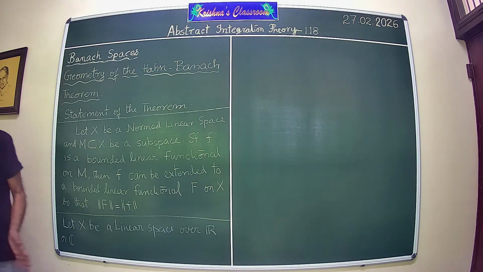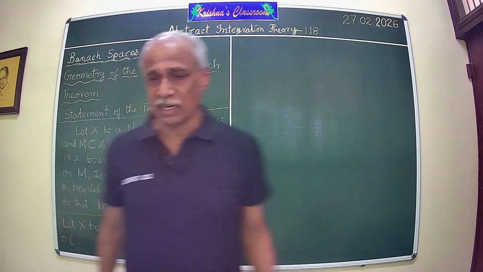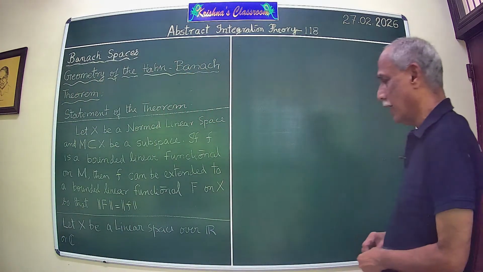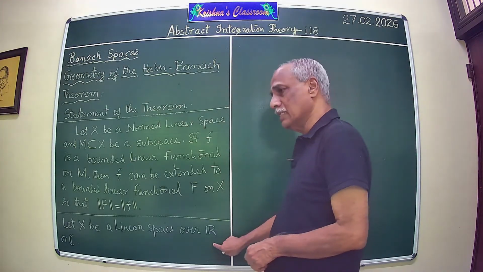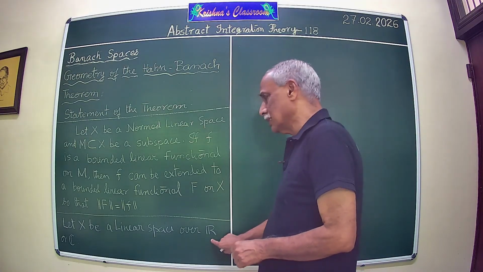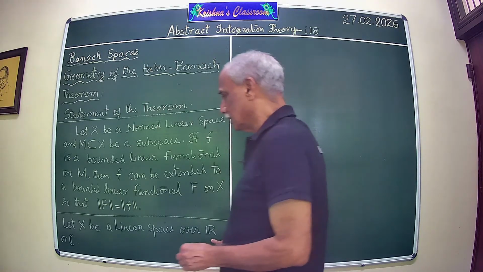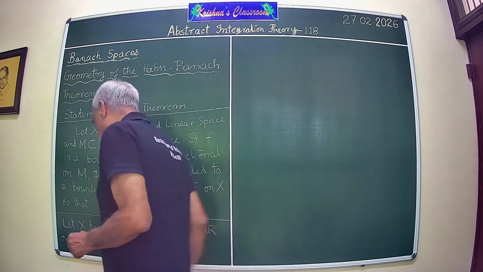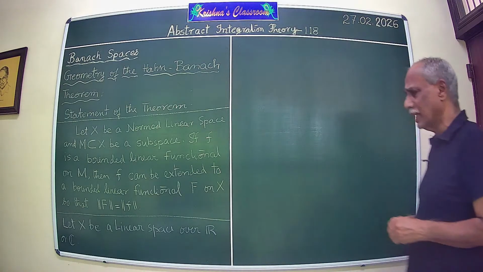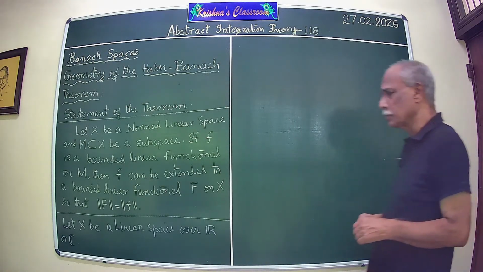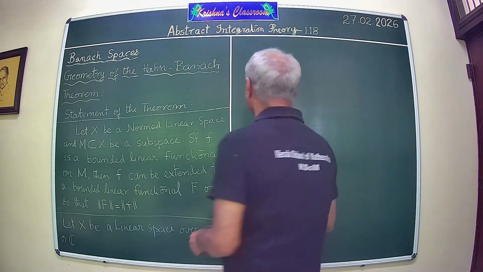So you can talk about linear spaces over a field, and we are actually interested in choosing the field as the field of real numbers or the field of complex numbers. Depending on that, we say X is a real linear space or a complex linear space.